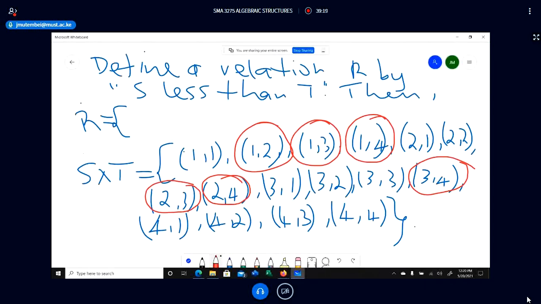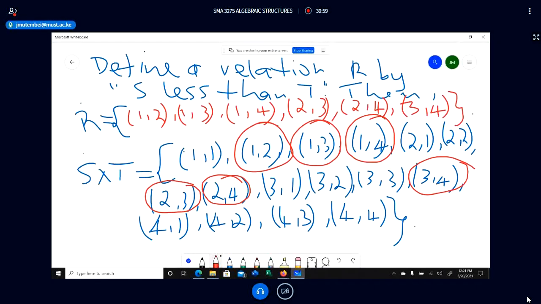So my relation R will comprise of these pairs: (1, 2), (1, 3), (1, 4), (2, 3), (2, 4), and then, sorry, this one more that I'm leaving out, (3, 4).